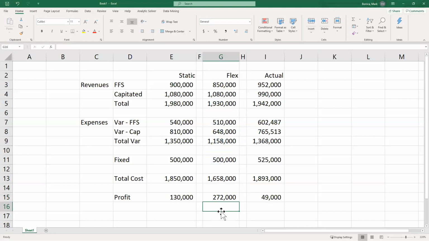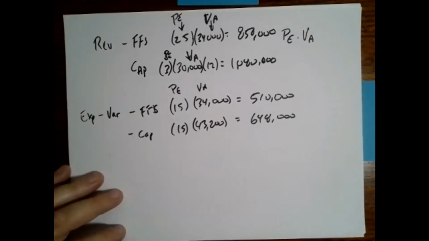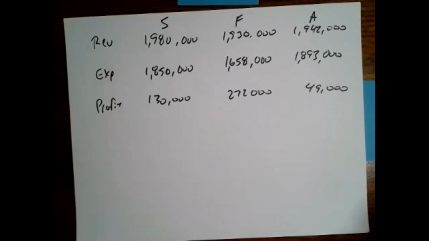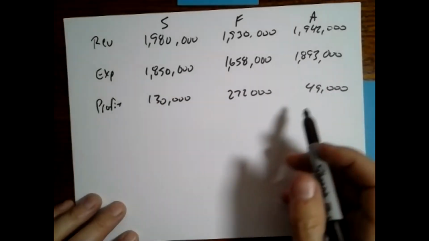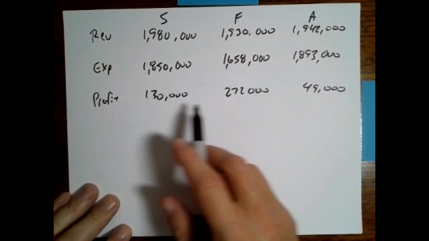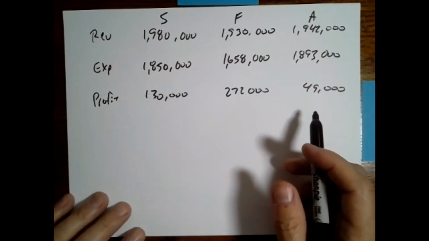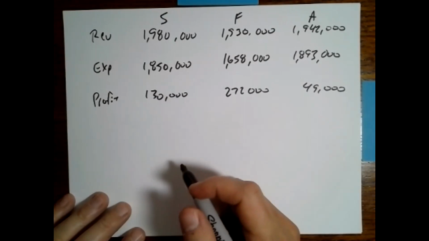So that is part A, and now we have access to the data we need for part B. I will copy some of that information down just so that it's easier for us to work with. So to finish off part B, I've copied out just the highlights. We want to get profit variance.